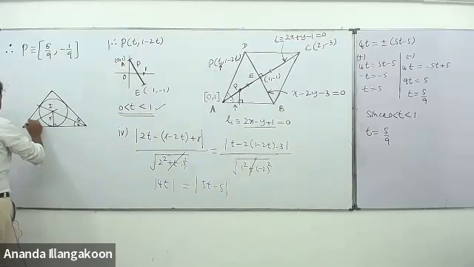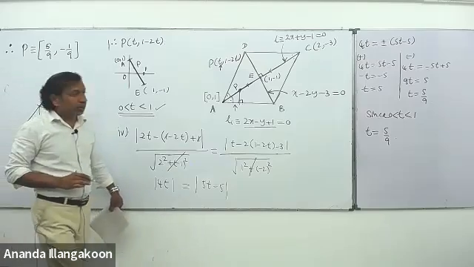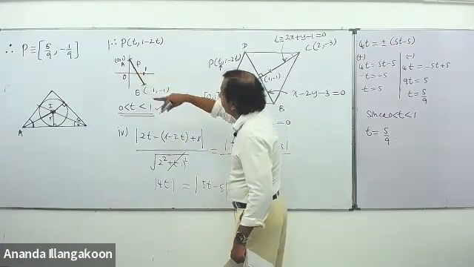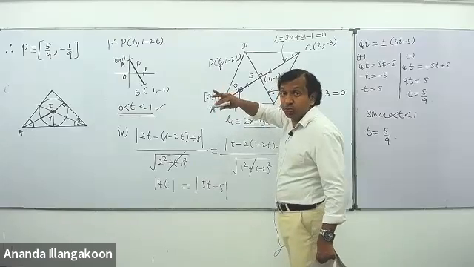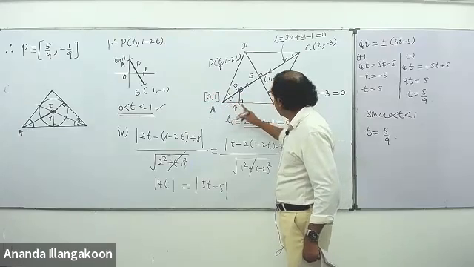On this angle bisector, this point lies so that the perpendicular distance from this point to this side is also the same. Then this point should be the what? Incenter of the circle. Like that, this point P, we found the coordinates 5 by 9 and minus 1 by 9, should be the center of the incircle of the triangle ABD.